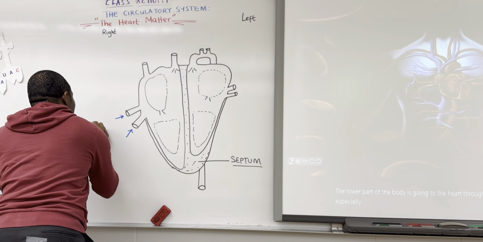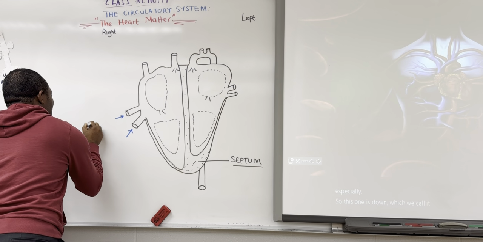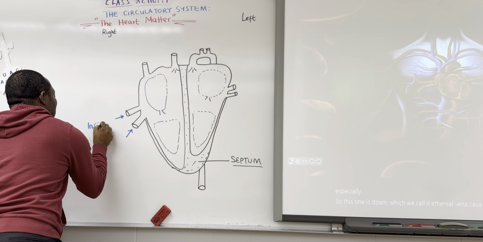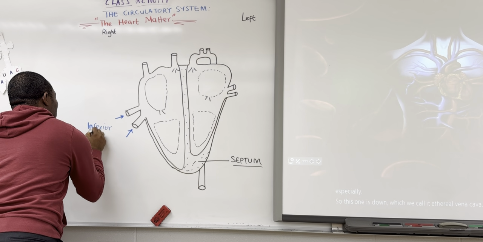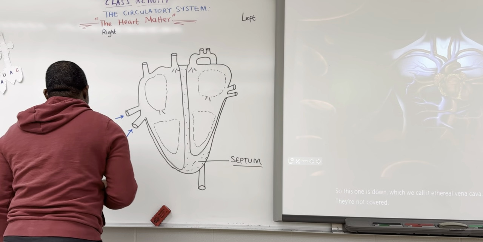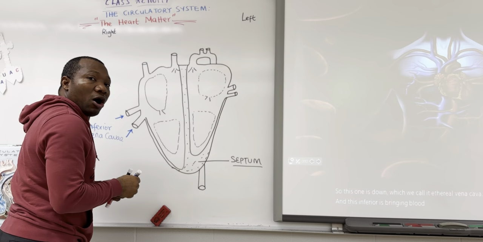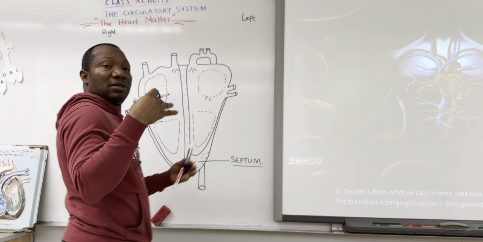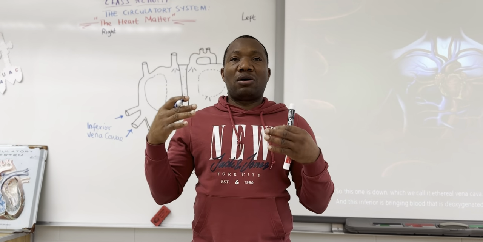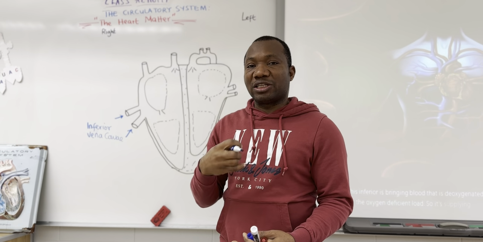So this one is down, which we call the inferior vena cava. This inferior vena cava is bringing the oxygen deficient blood. So it's supplying the blood that is deficient in oxygen.